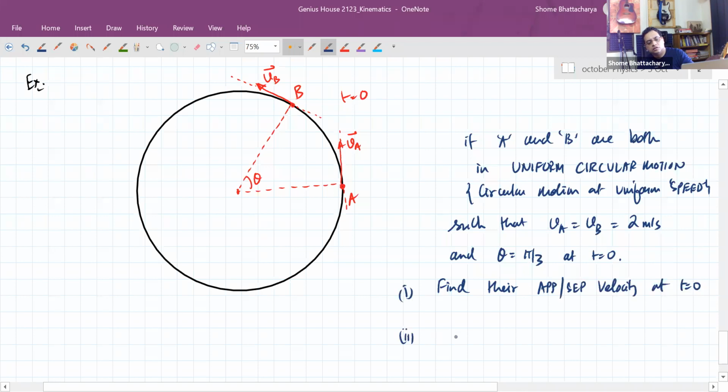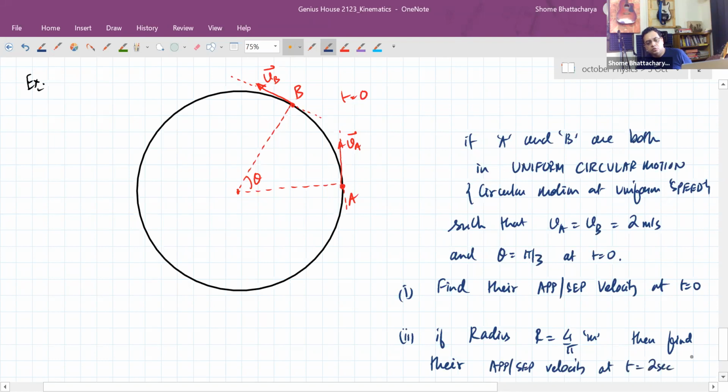And secondly, if the radius is equal to 4/pi meters, then find their approach or separation velocity at t equal to 2 seconds.